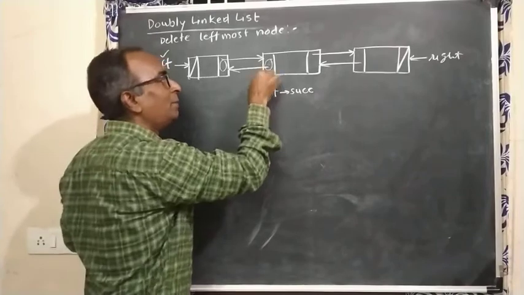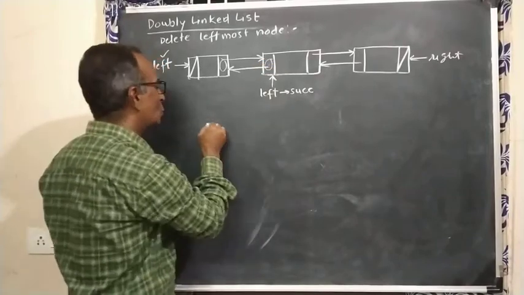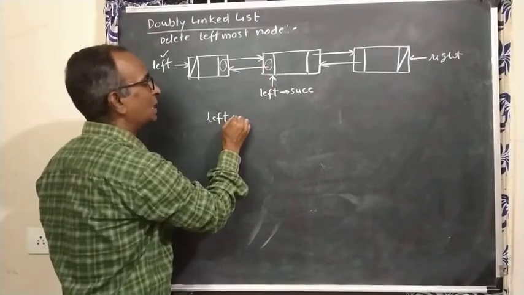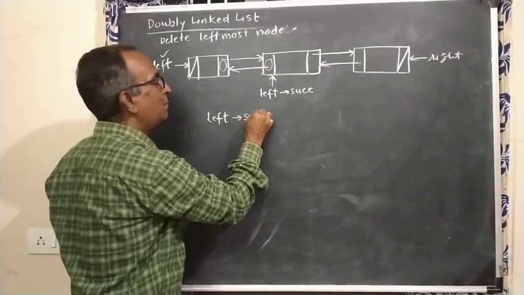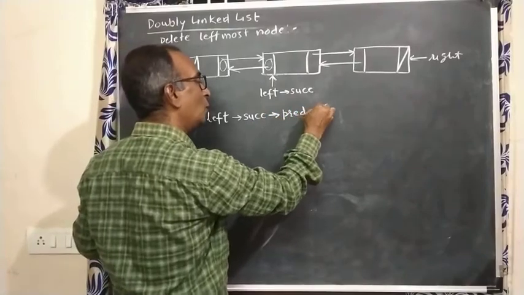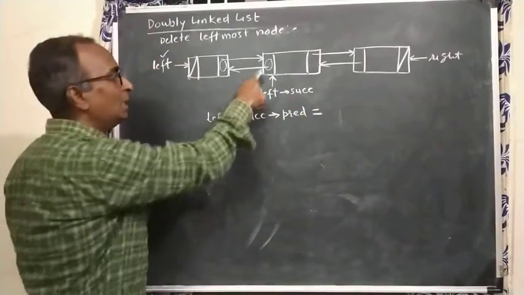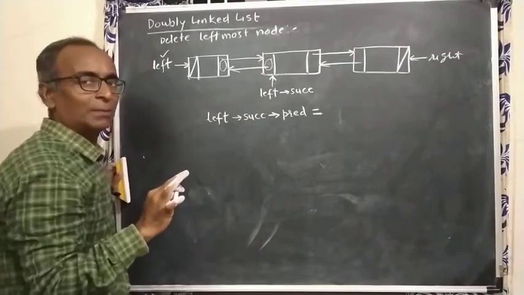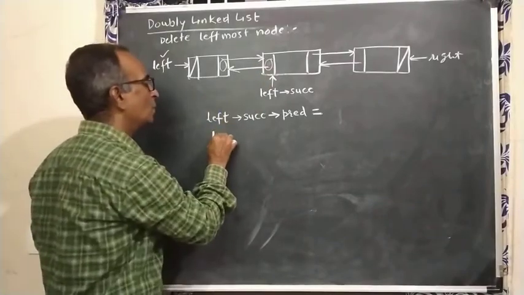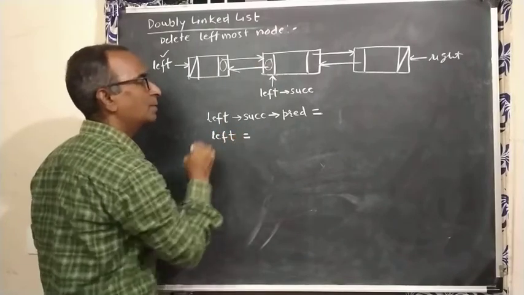Its predecessor field we want to set. So the first pointer, that is this field, can be accessed this way: left successor and its predecessor field you are accessing. This pointer you have to adjust. Then the second thing you have to change is left.